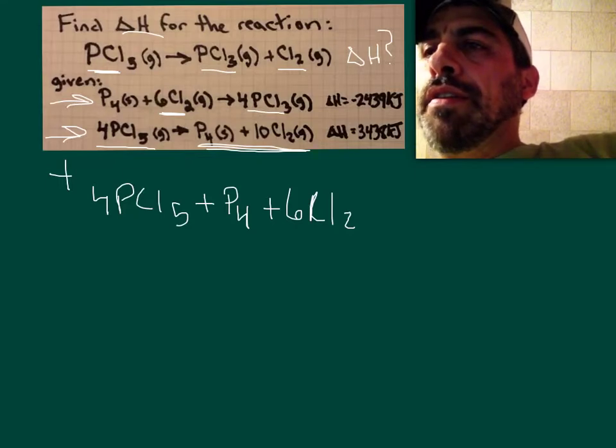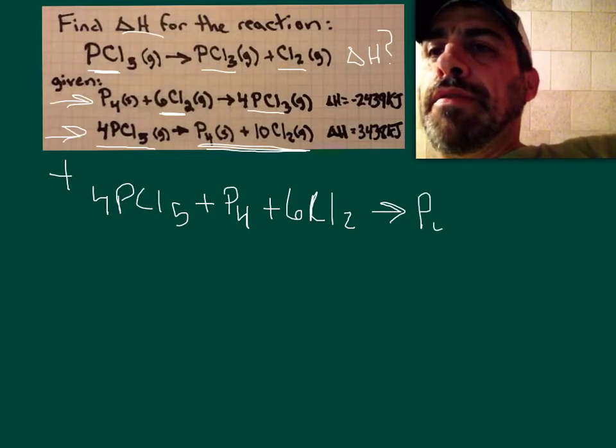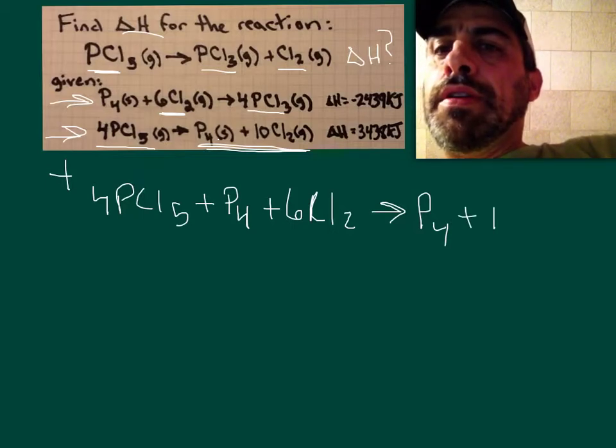So that takes care of the reactants, and then we can add products. We're going to get P4, that's this product, plus 10 Cl2 plus 4 PCl3.